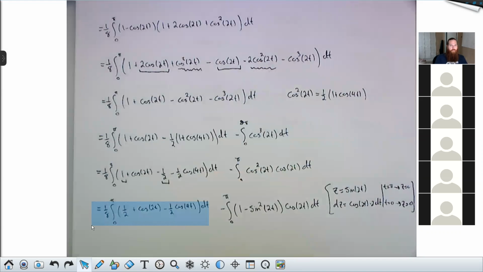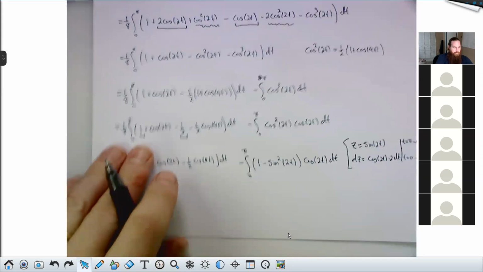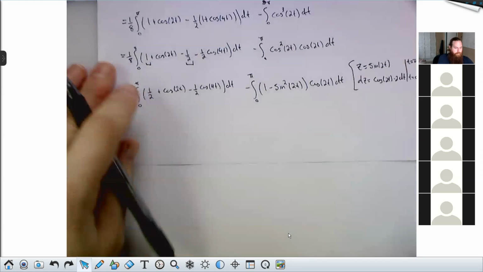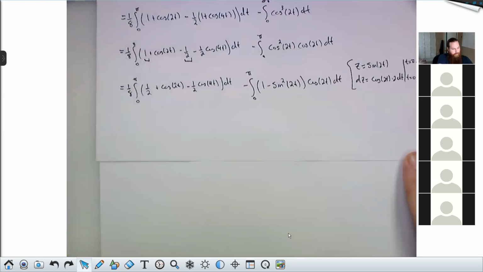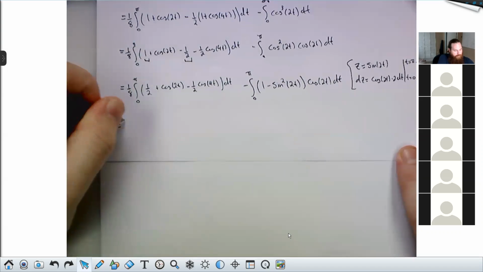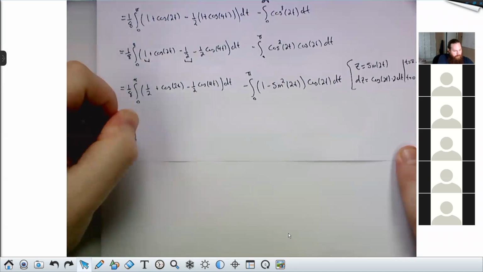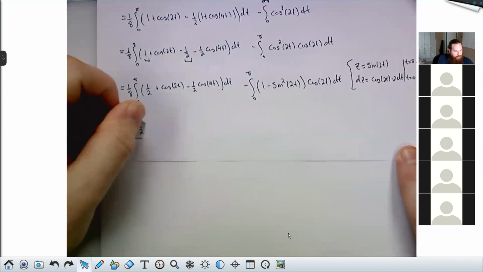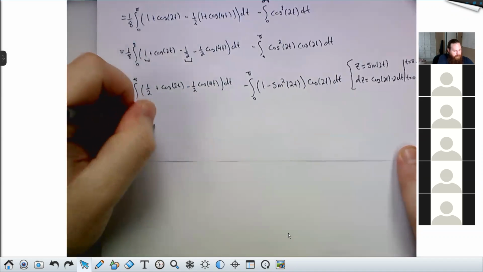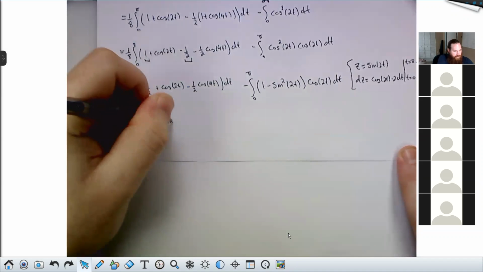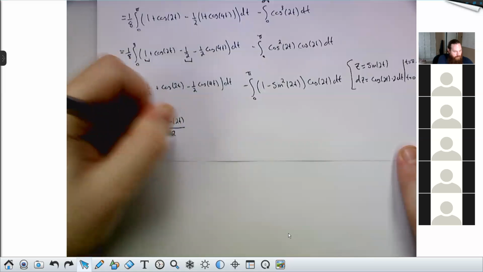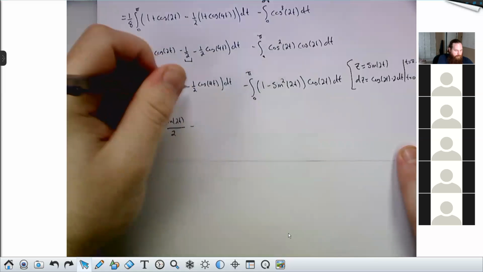So everything is going to come from this guy. But we can go ahead and see how he wraps up. My antiderivative here from this first piece is 1/2 t plus micro u sub sine 2t over 2 minus micro u sub.